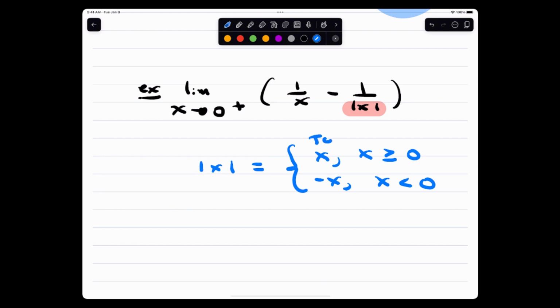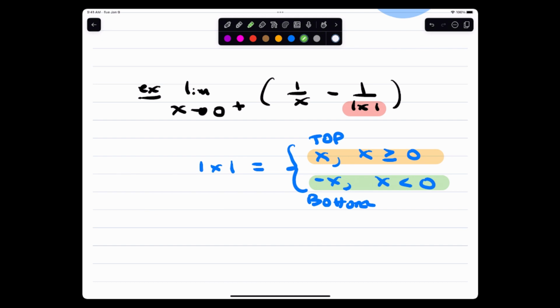You got a top piece. You have a bottom piece. Okay? But the question's going to be now, which piece do you use? Remember, if x is greater than or equal to 0, you use the top piece. If x is less than 0, not equal, but less than 0, you use the bottom piece.